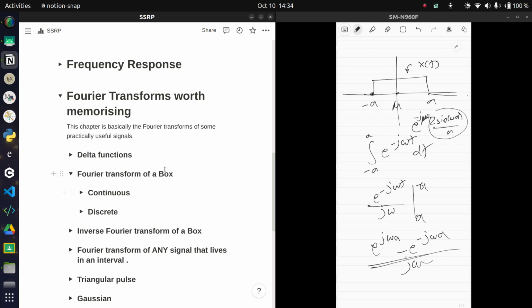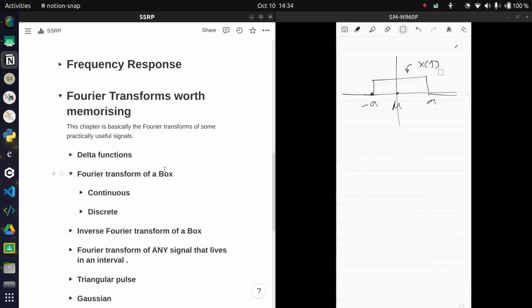Let's go to the discrete case. It's slightly harder. The general discrete case, once again that's just the way it's defined, goes from minus m to m minus 1, and you have x of n equal to 1. To get that, you can do the sum of sine and sum of cosine things, and it's going to be pretty easy to do. The sum of sine thing is sine of n d by 2.